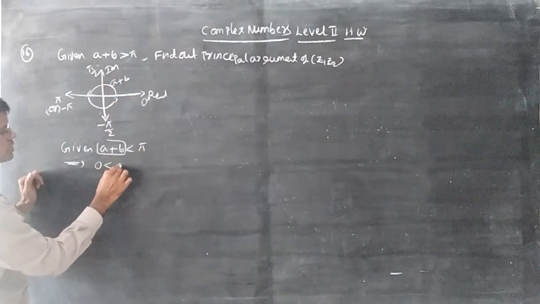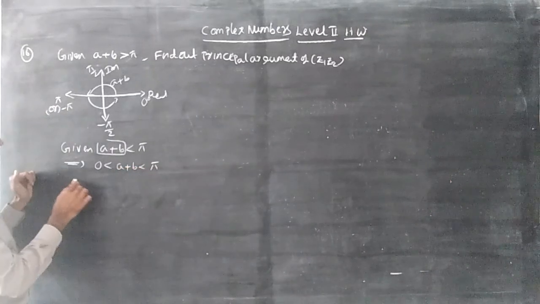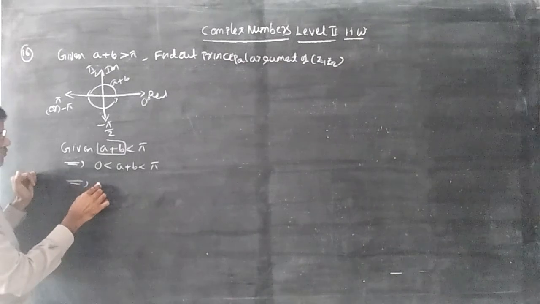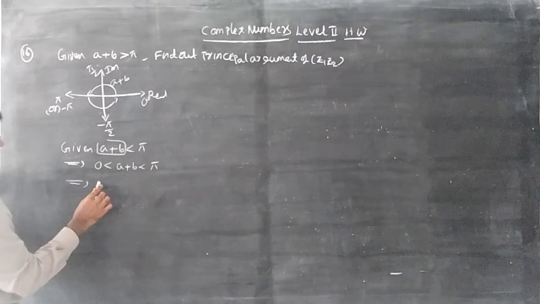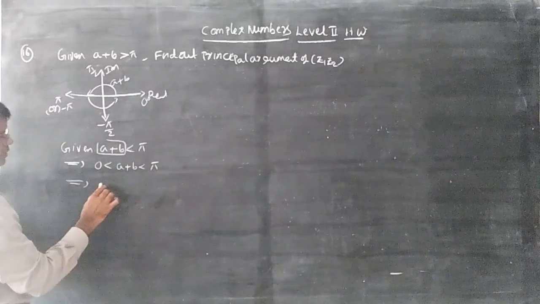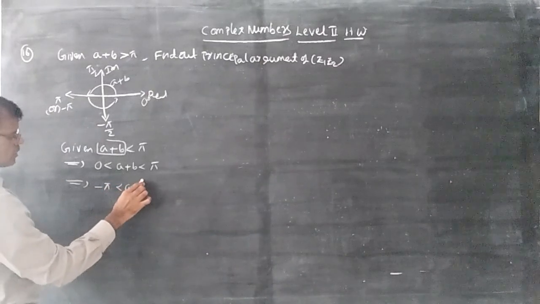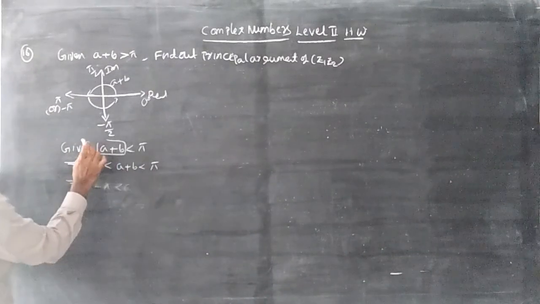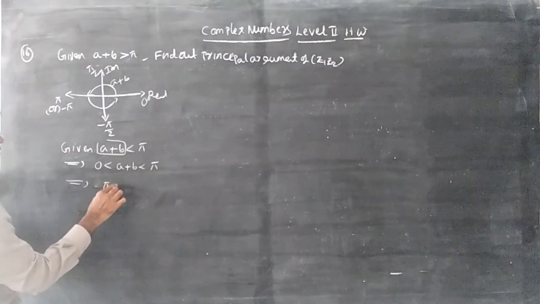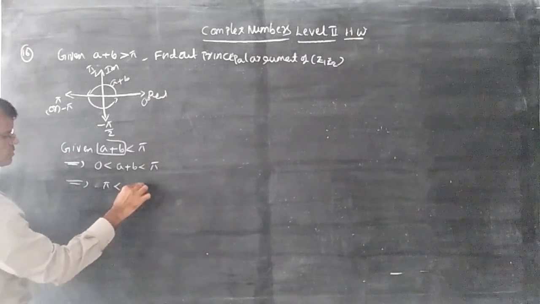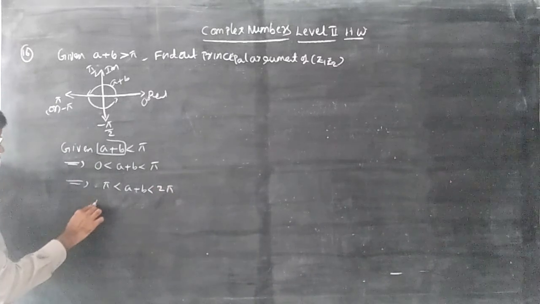Now you can understand 0 less than A plus B less than pi. If you multiply with minus pi, and add pi on both sides, you get pi less than A plus B less than 2 pi. Write this: pi less than A plus B less than 2 pi.